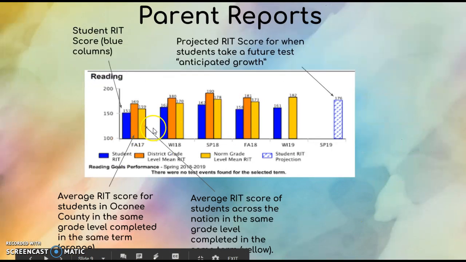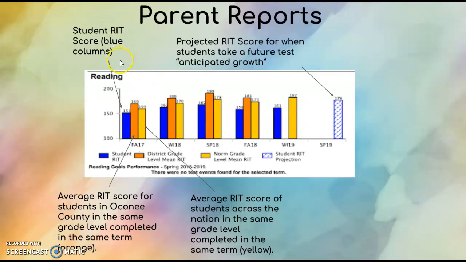So let's look here at our graph. You'll see the blue column here is your child's RIT score, and it's compared to the average RIT score for an Oconee County student in the same grade level completed in the same term. And you'll see that this one right here, this is the orange score, the orange bar. The yellow bar indicates an average RIT score of students across the nation in the same grade level completed in the same term.